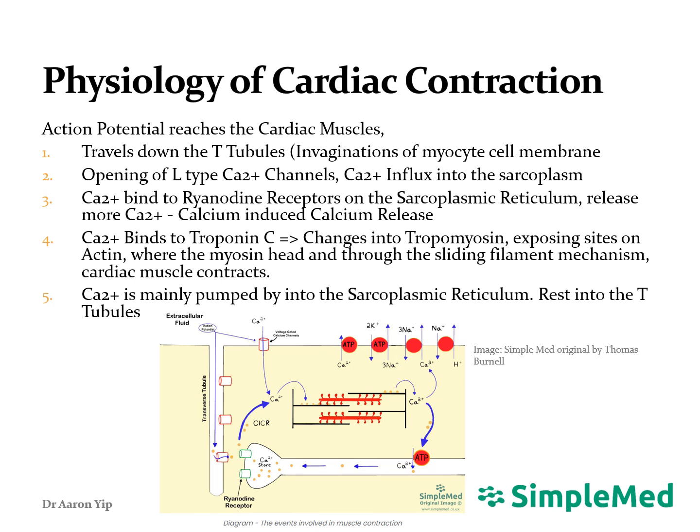The calcium ions bind to ryanodine receptors on the sarcoplasmic reticulum, which is essentially a storage container full of calcium ions. This leads to more calcium ions being released into the sarcoplasm. This process is known as calcium-induced calcium release.